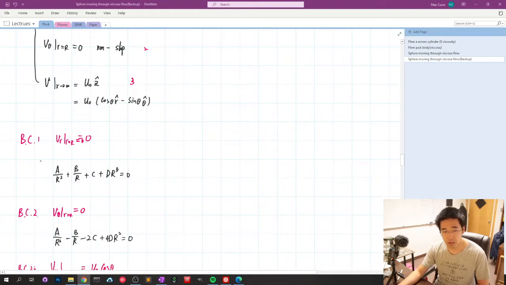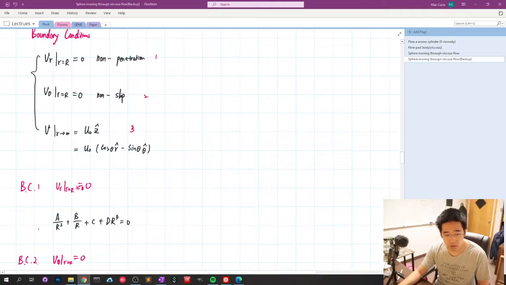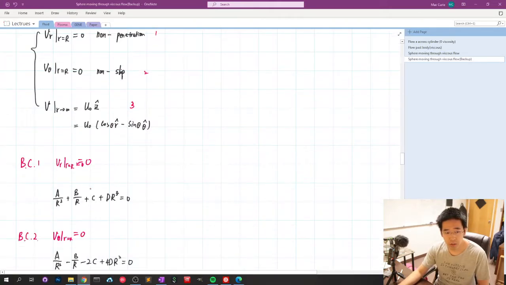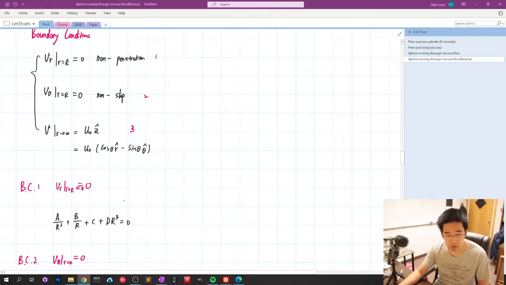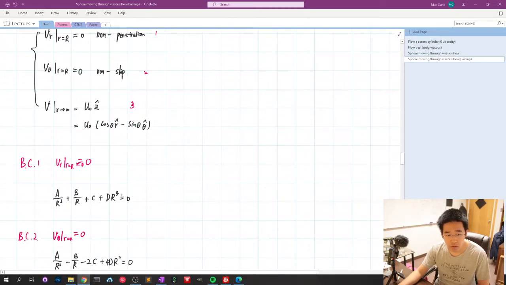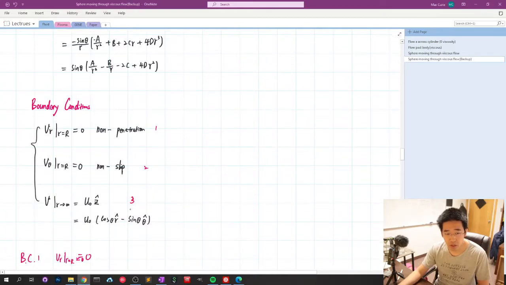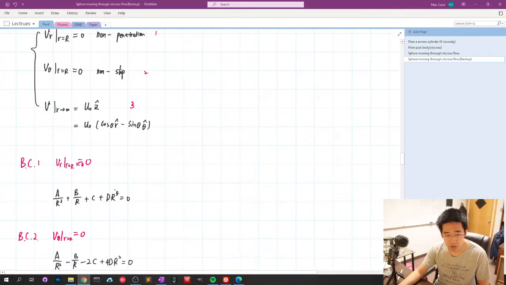So boundary condition 1, non-penetration, that's V_r here, plug in, we get equal to 0, theta doesn't matter. It's r squared.